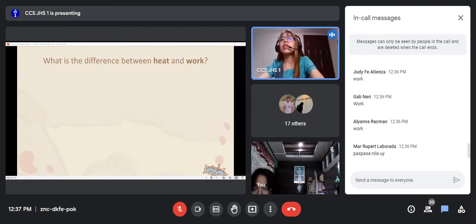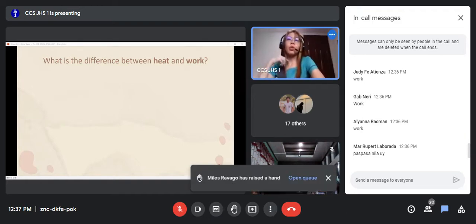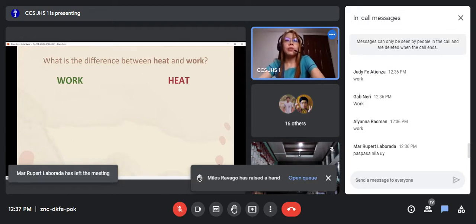Who can still remember from our previous quarter the definition of work? Yes, Miles? Product of force and displacement. Okay, so it is the product of force and displacement. So there is work done if there is a change in position of the object. Now, how about heat?